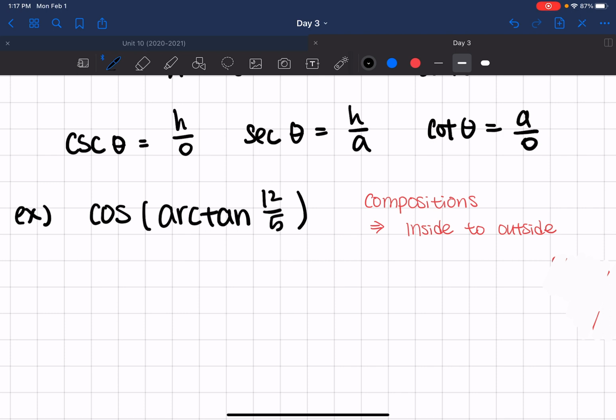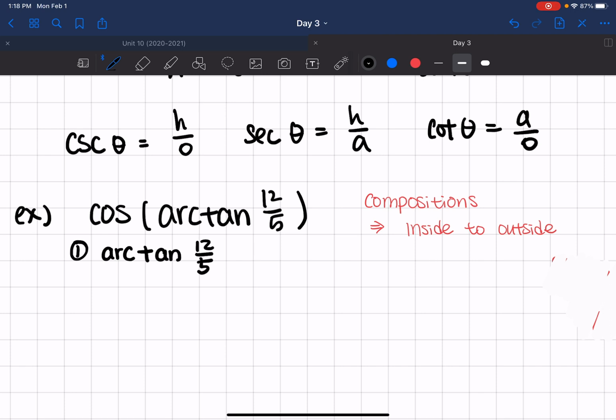If you think about the unit circle, none of those angles that we filled out will give you the tangent ratio of 12 over 5, okay? So this is the angle, and I'm dealing with an angle that I don't even know what it equals. So in this case, you have to draw the right triangle, okay?